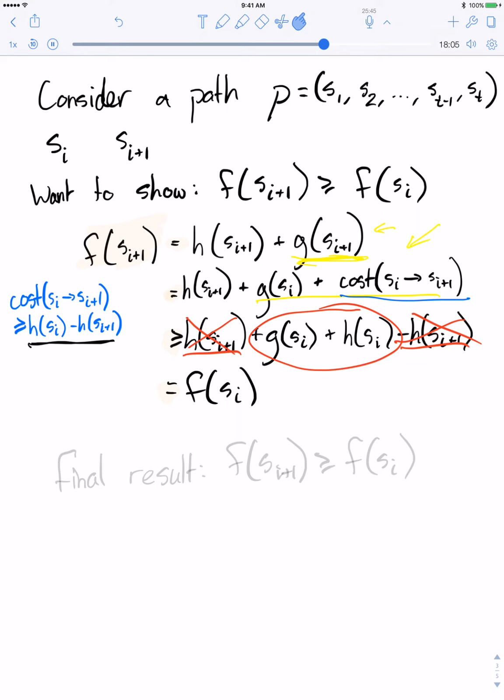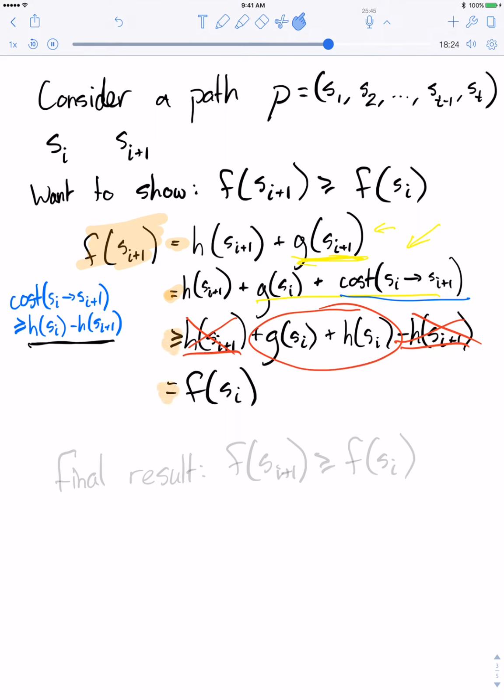So you may need to go back over that derivation a couple times, but what we've just arrived at, this result, is F of Si right here equal to this, greater than or equal to this, which is equal to this.